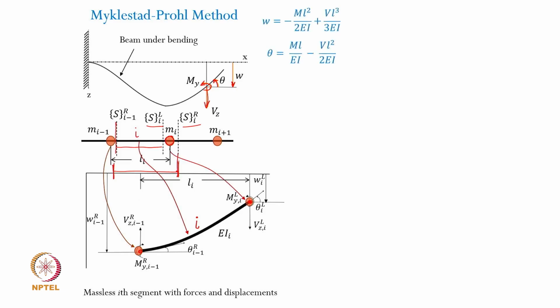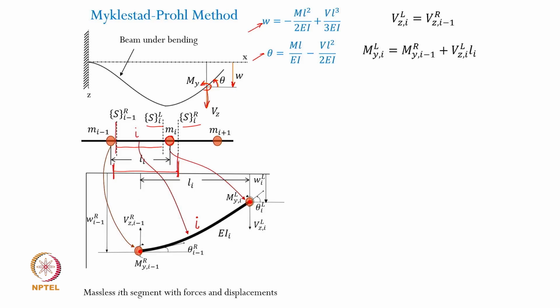These relations you can very easily recall that suppose at one end you fix your beam, and on the other end if you apply some moment and shear force, or external force, this is how the deflection at the other end will look like. So the deflection is given by this expression and the slope is given by this expression. Okay, so what we are going to do is we will now start writing what is the relationship between these moments and shear forces.